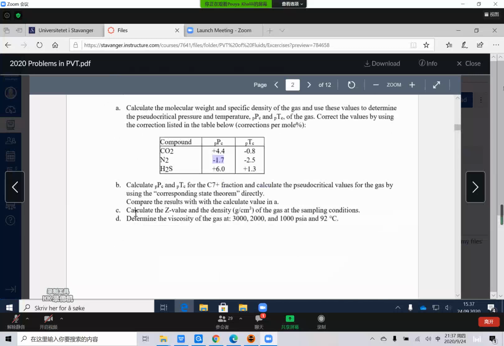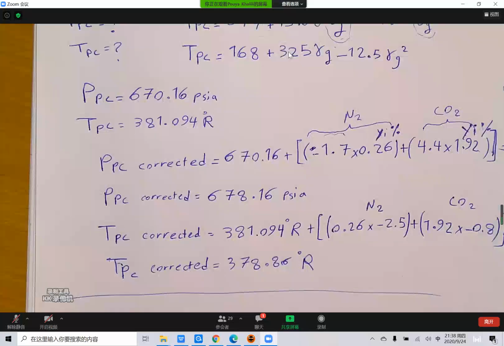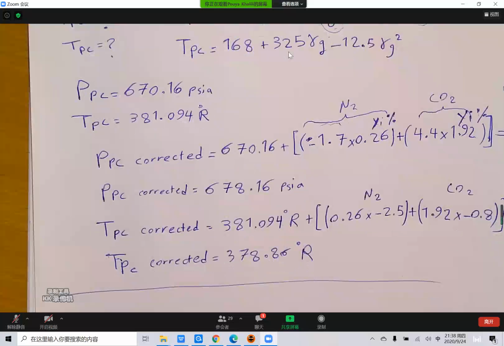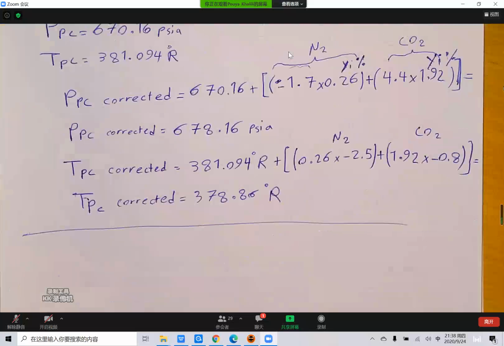So let's go to part C, to find the compressibility factor again and the density of the gas here.